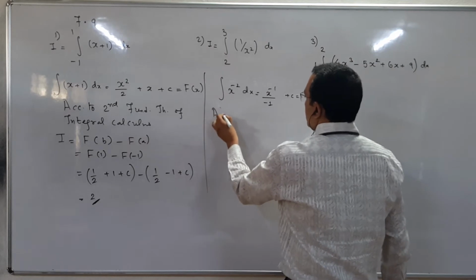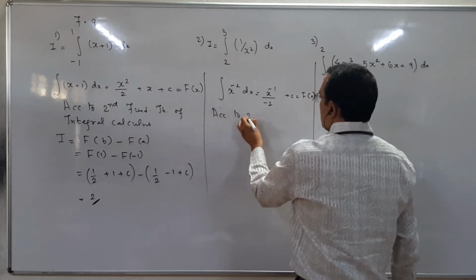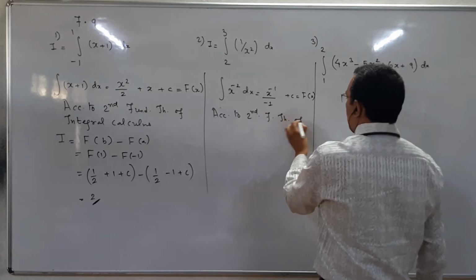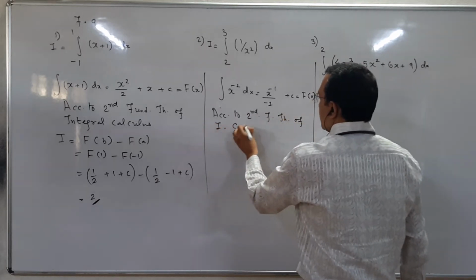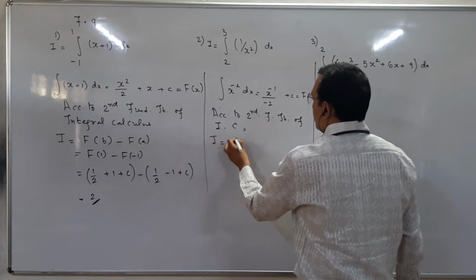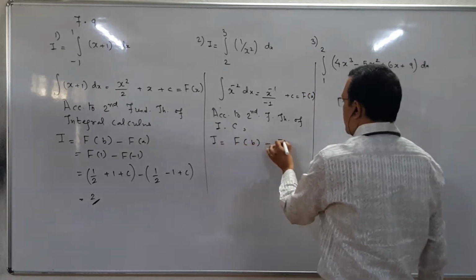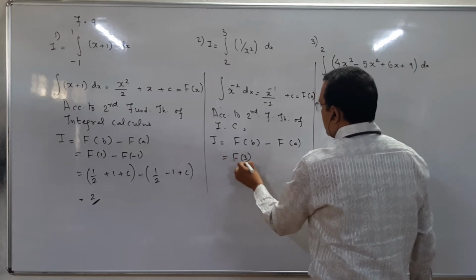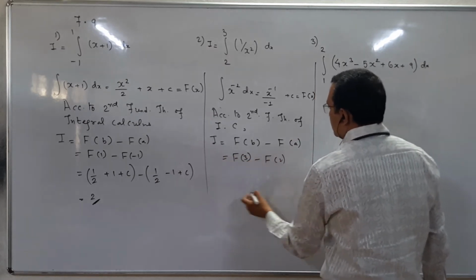So, according to the second fundamental theorem of integral calculus, the value of I will be f of b minus f of a, f of 3 minus f of 2.